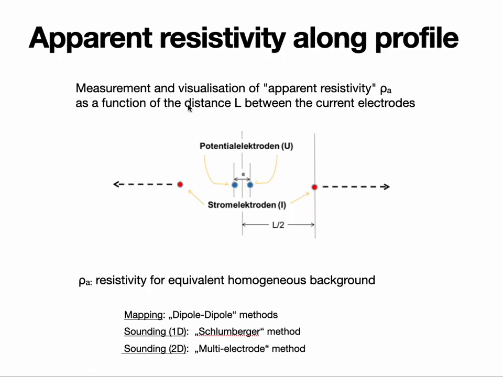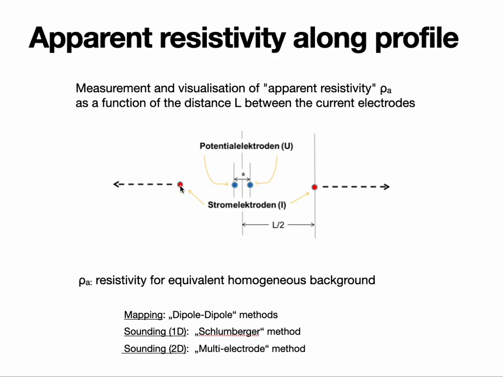The aim is to measure and to visualize the apparent resistivity rho A as a function of the distance L between the current nodes. So we can try to do a profile of apparent resistivity. That's a surface view of the apparatus.